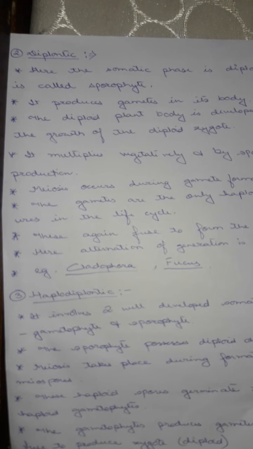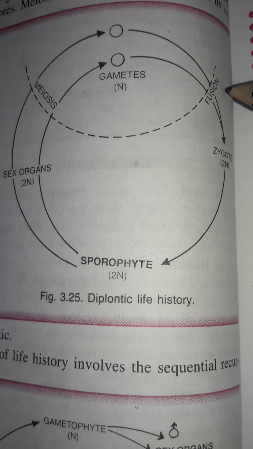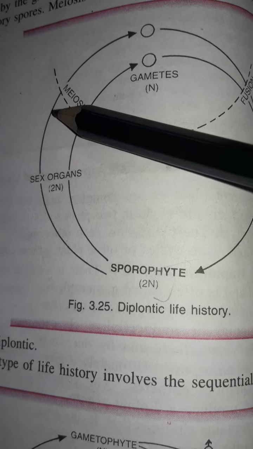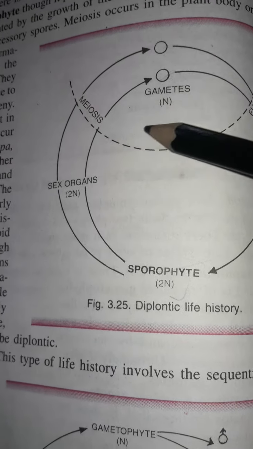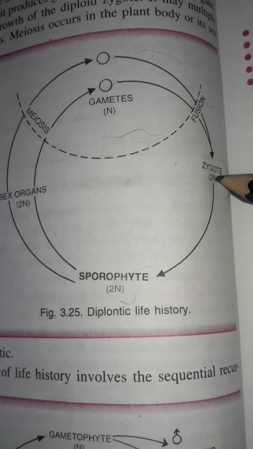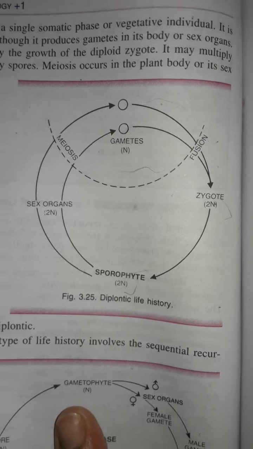For example, Cladophora, Fucus. Here you see this is the diplontic life cycle. This is the sporophytic plant, Fucus. This is developing sex organs. This will undergo meiosis to form the gametes. This is the only gametophytic or haploid phase. They are fusing together again to form the zygote, and from the zygote again the diploid sporophyte is formed.